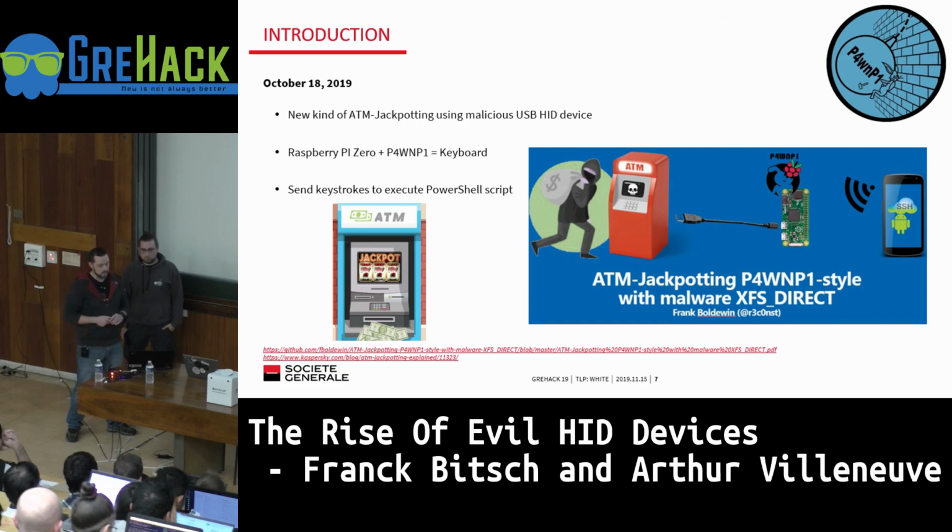The attackers need to physically access the ATM, and then they plug a module into the USB port. This attack used a Raspberry Pi and a P1 platform. It presents itself as a keyboard to send keystrokes to execute a PowerShell script to start the final payload.